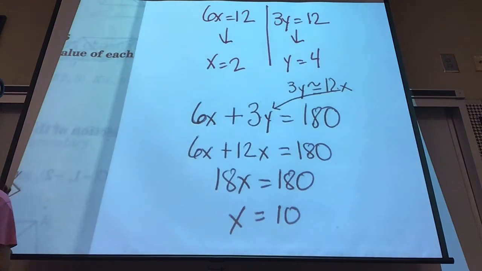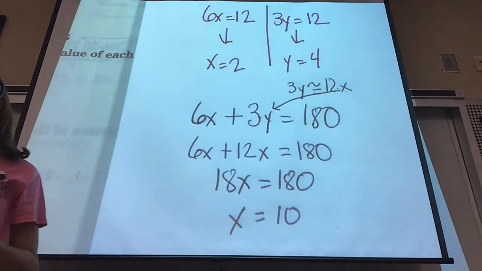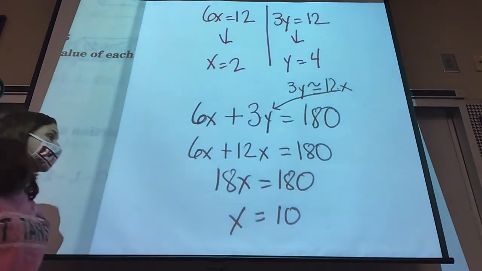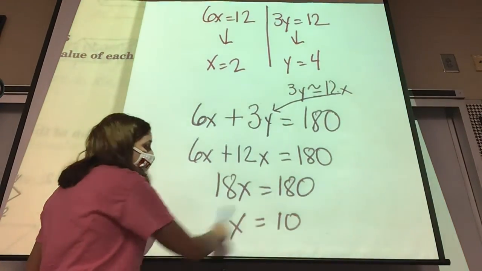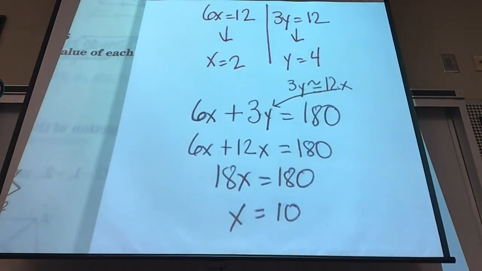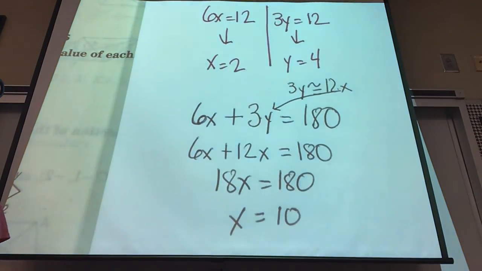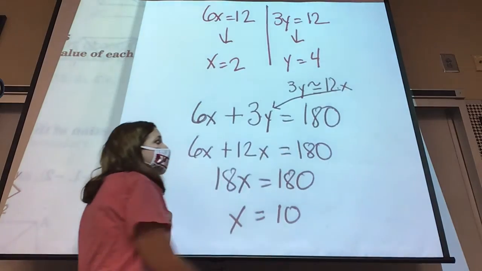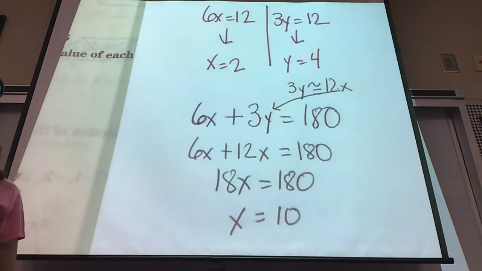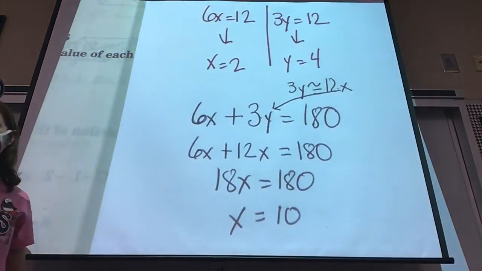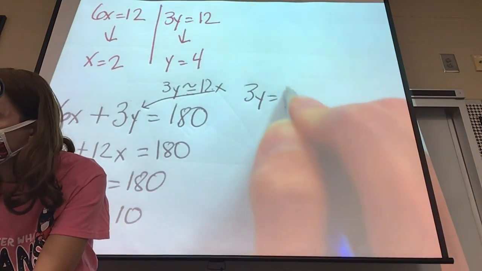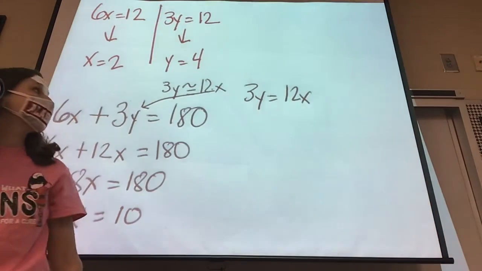Now, what can I do? Well, I can do one of two things. I can put this back in because I know they've got to be congruent. So I can put this back in there and solve it, because does it not mean that 3y is equal to 12x?